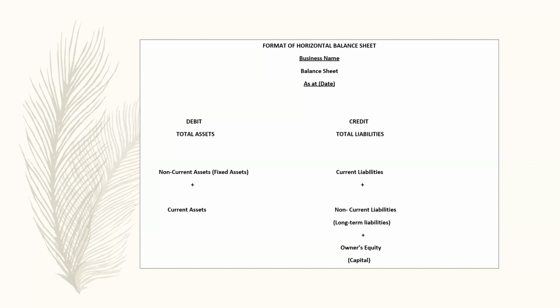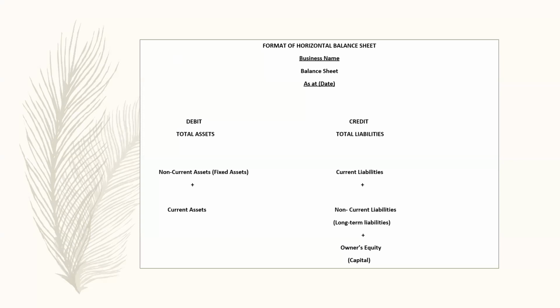I've given you in brackets that non-current liabilities are your long-term liabilities, and I have indicated that non-current assets are fixed assets. If you just take a picture of it, we can go straight into an exercise so that we will see why the balance sheet equation is sometimes called the accounting equation.